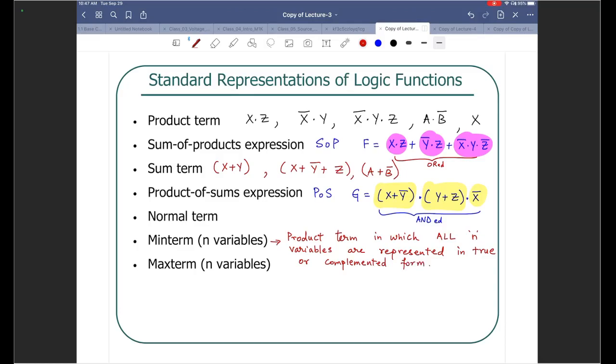So an example of this, let's see, we looked at the five product terms at the top of this page. Which of these could be a minterm?